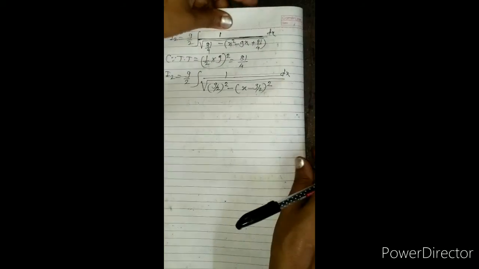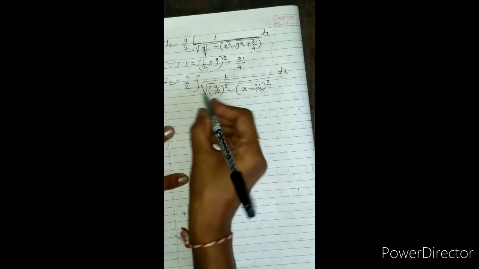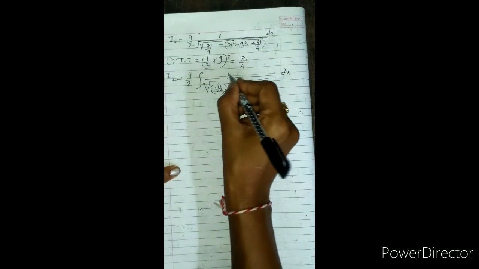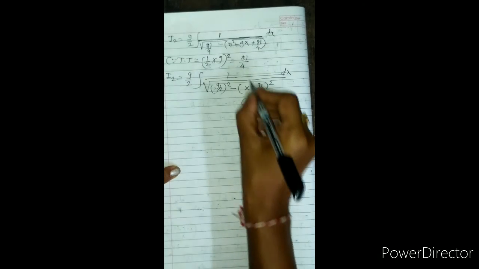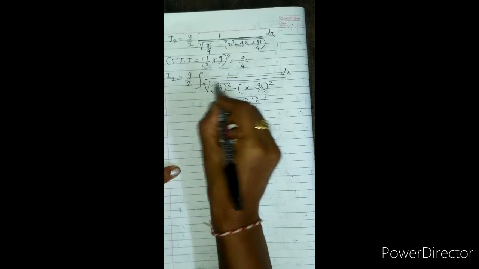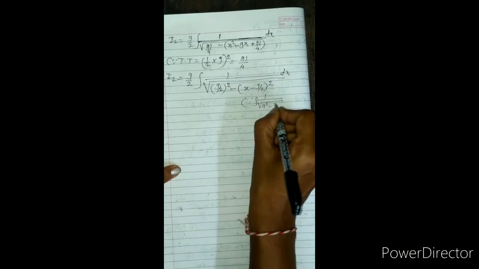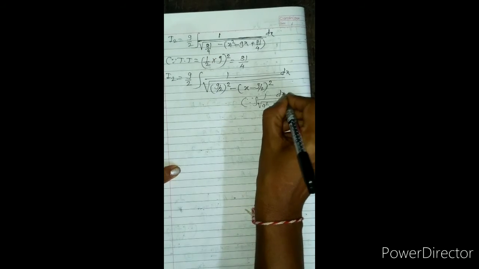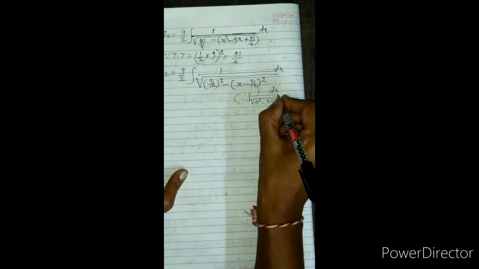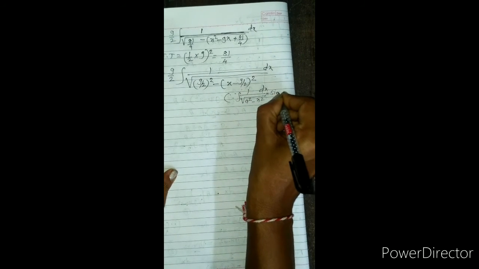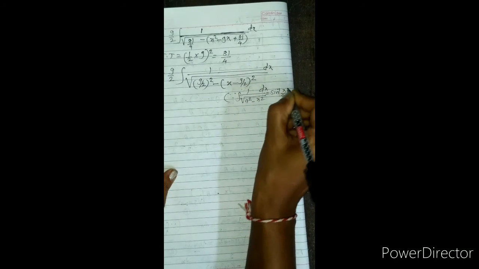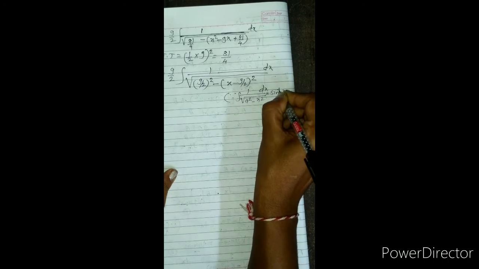So the addition of that term here becomes, now here we use the result integral 1 upon root of a square minus x square, where this is the constant a and this is x square. The integral of 1 upon root of a square minus x square is sine inverse of x upon a, and we add the constant of integration.